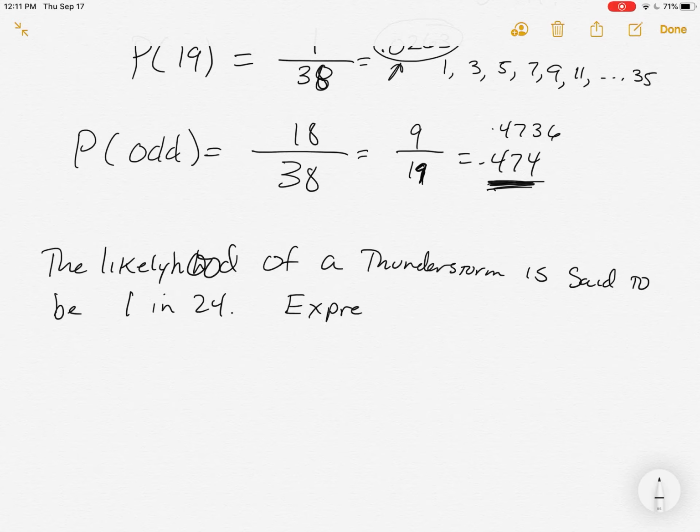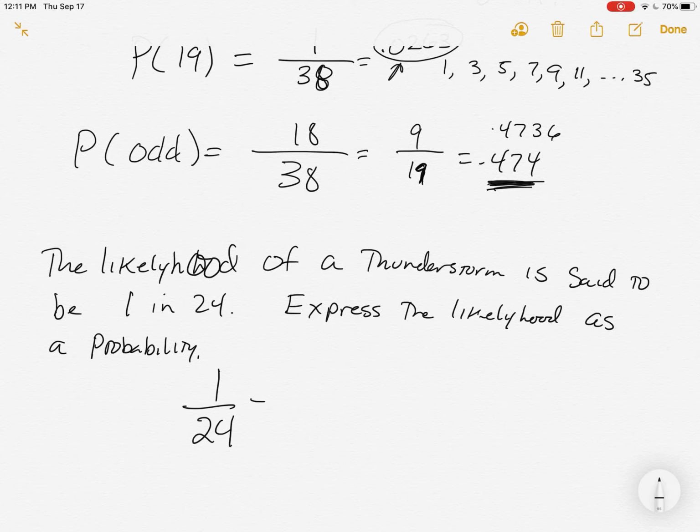Express the likelihood as a probability. Well, all we have to do is say, well, the likelihood is 1 in 24. And it's that easy. I just didn't want you to balk at that question. And we get 0.0416 repeating, so I'll put 0.0417.